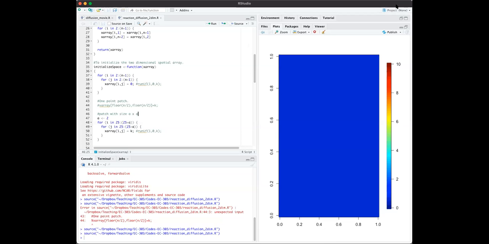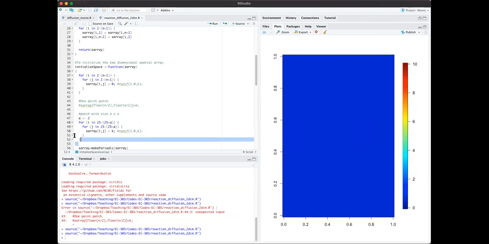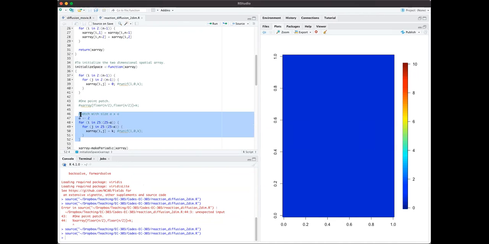Okay. So I'm sharing you this R code. Are you able to see this? Okay. So it's the same code. I have made one small modification in the code, and that is done in the initialized space function. What I have now done is I have introduced a perturbation, which is basically a patch of size A by A, a square grid of the size A by A, located at roughly the center of this patch.